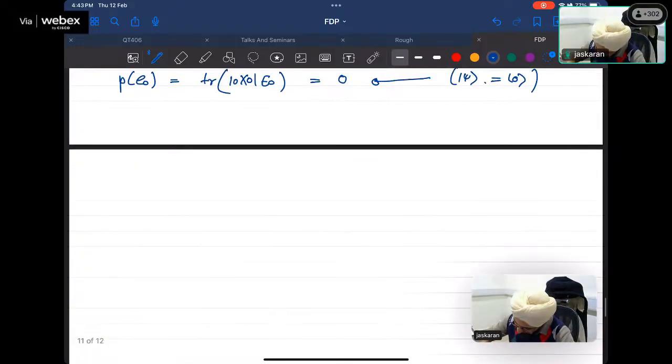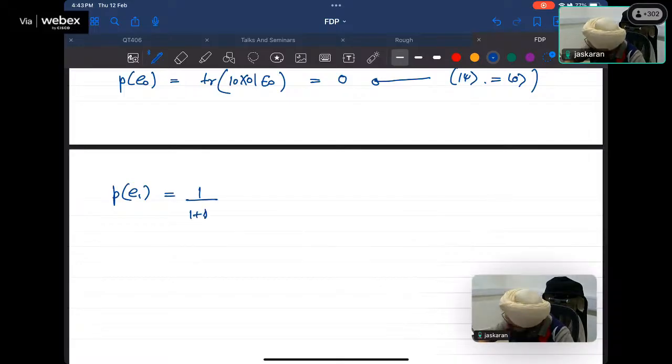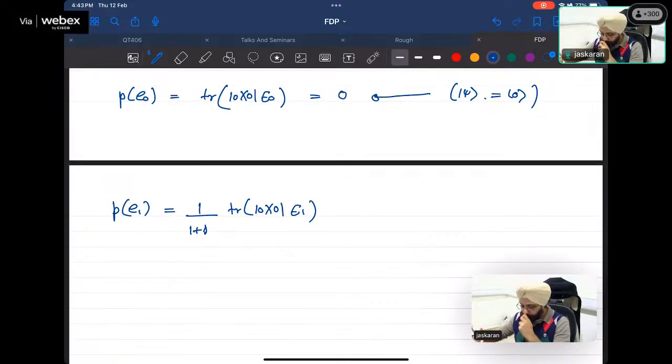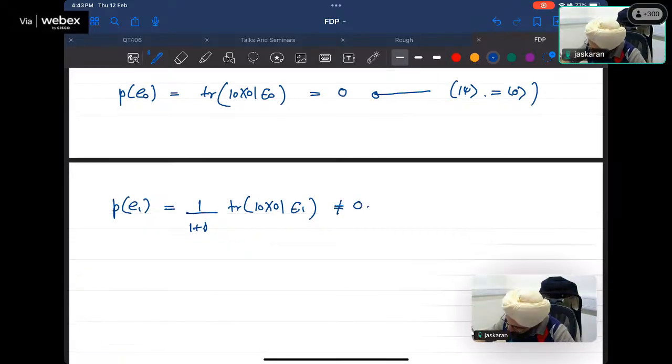Furthermore, I can also see the probability of getting outcome E1. Without doing any calculations, I will just write down 1 by 1 plus S times the trace with E1. It is some particular value, and we don't need to evaluate it right now.